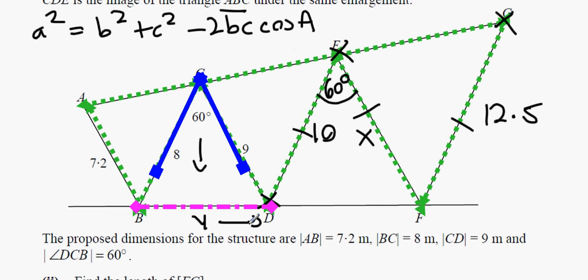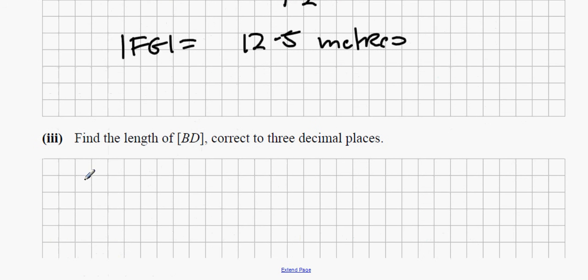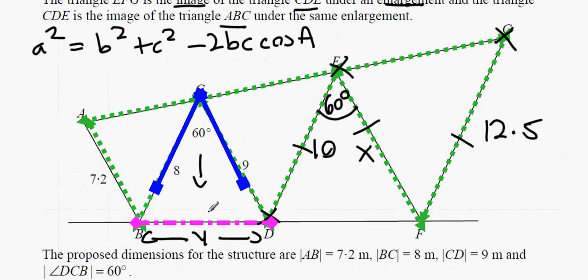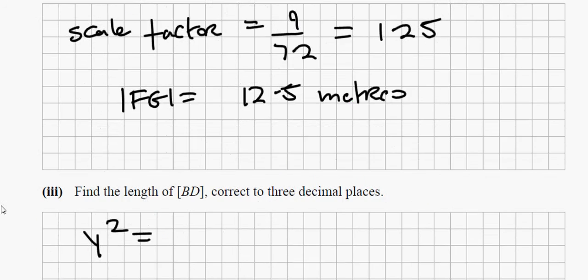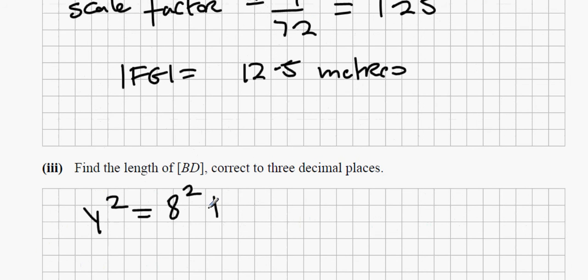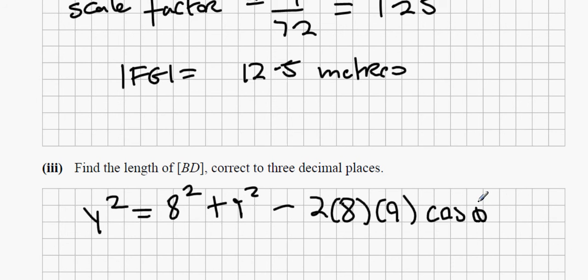So what we're going to have here is y squared equals... Since we've picked y squared as a, and we're going to pick 60 degrees as A, let b be 8 squared and c be 9 squared. So equals 8 squared plus 9 squared minus 2 times 8 times 9 cos 60, that's your 2bc cos A.